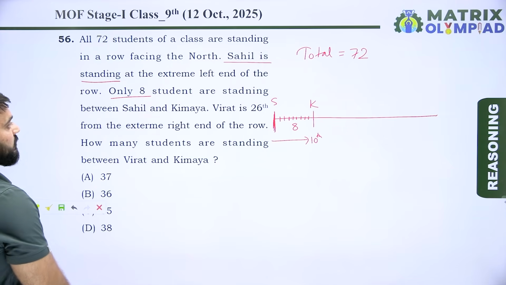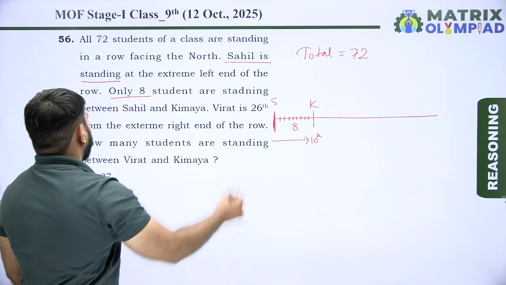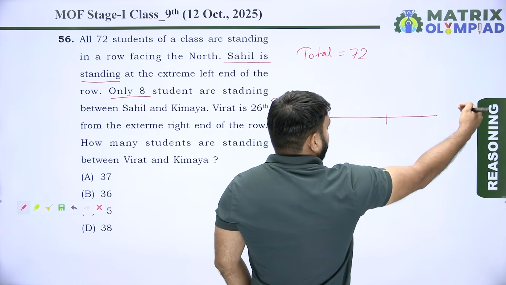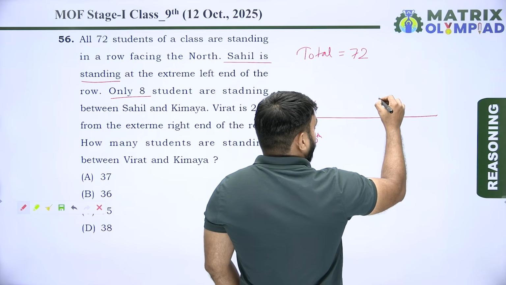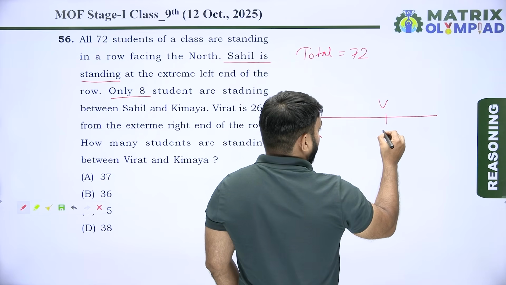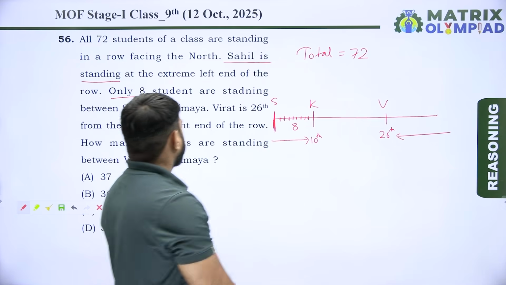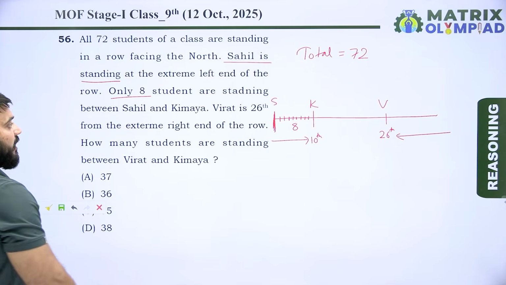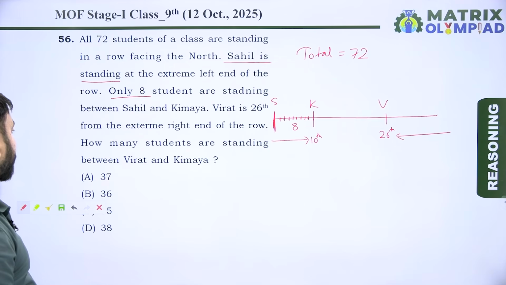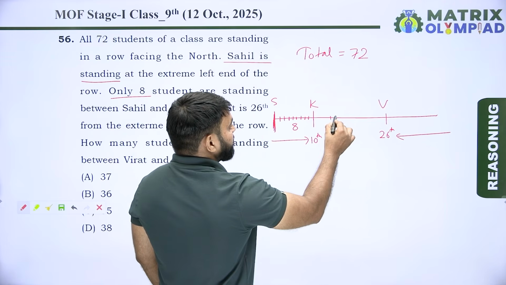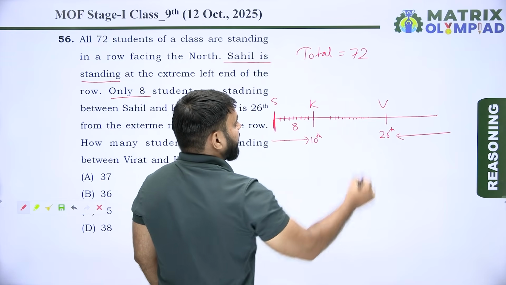Now Virat is 26th from the extreme right end. This is the right end of the row, so here is Virat, and the position of Virat is 26th from the right end. How many students are standing between Virat and Kimaya? So we find the number of students in between Virat and Kimaya.